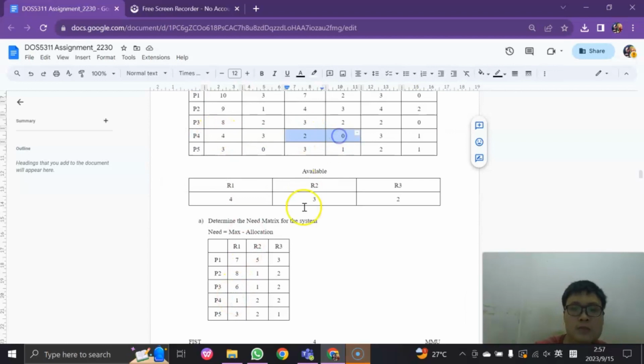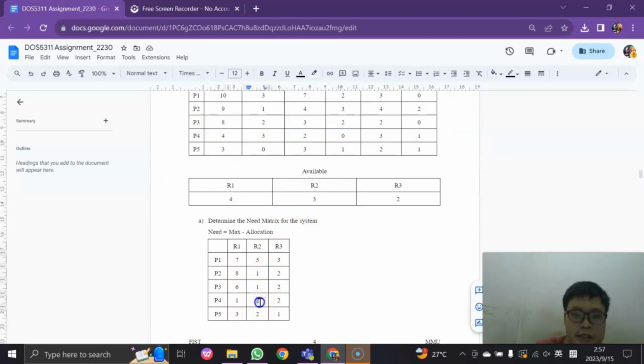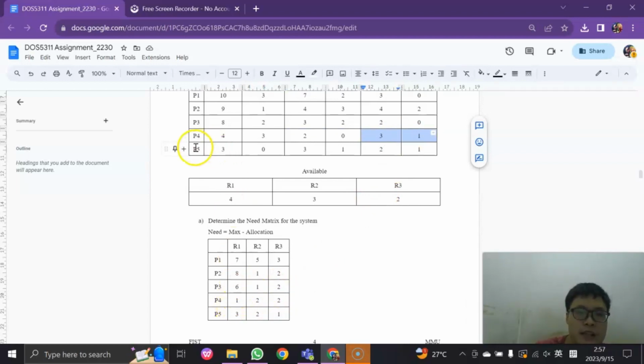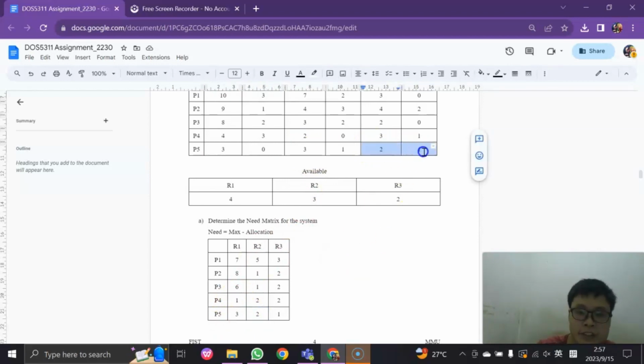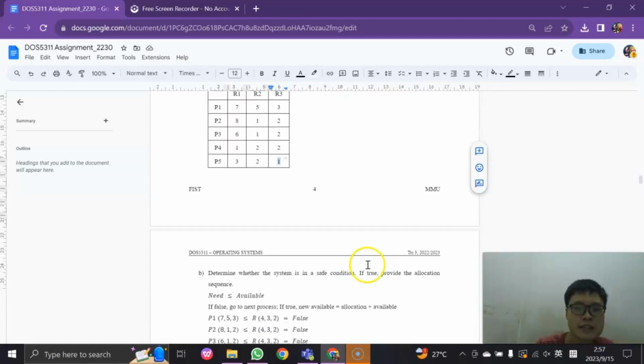In R2, 2 minus 0 equals 2. In R3, 3 minus 1 equals 2. So the answer for P4 is 1 2 2. At P5, in R1, 3 minus 0 equals 3. In R2, 3 minus 1 equals 2. In R3, 2 minus 1 equals 1. So the answer for P5 is 3 2 1.